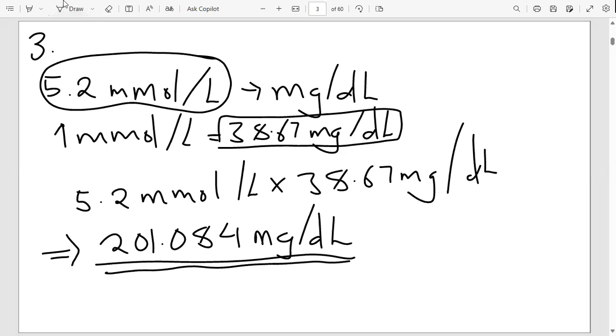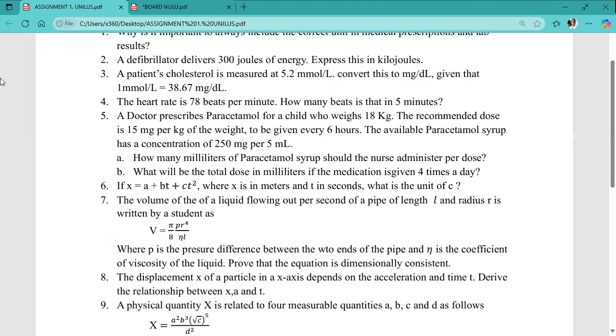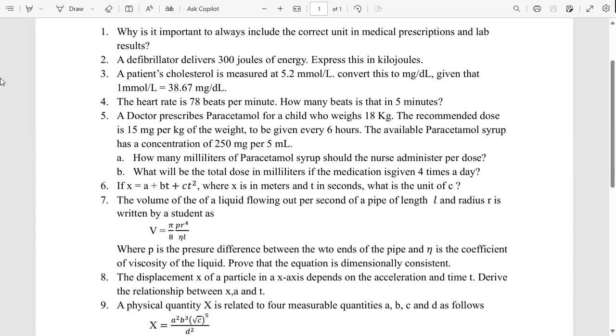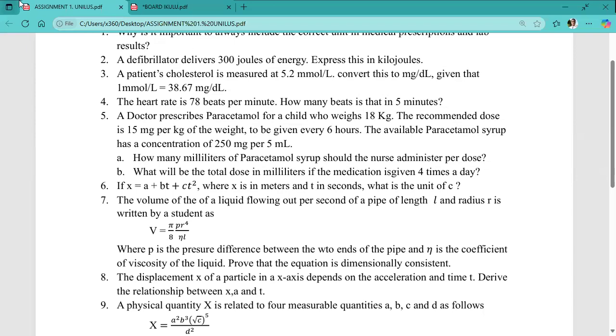I move on to the next question, which is question 4. Question 4 is saying the heart rate is 78 beats per minute. How many beats is that in 5 minutes? So this question is also simple and straightforward.